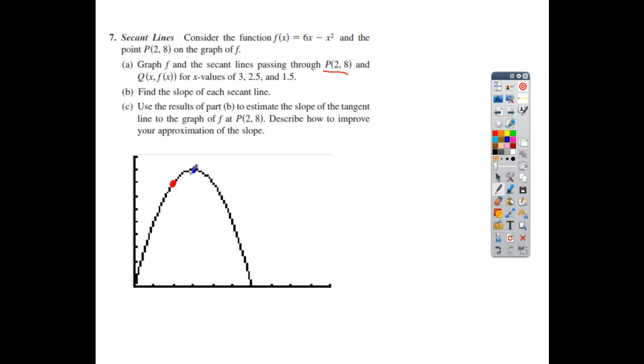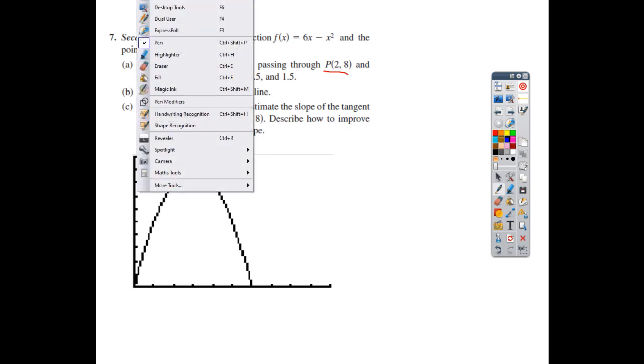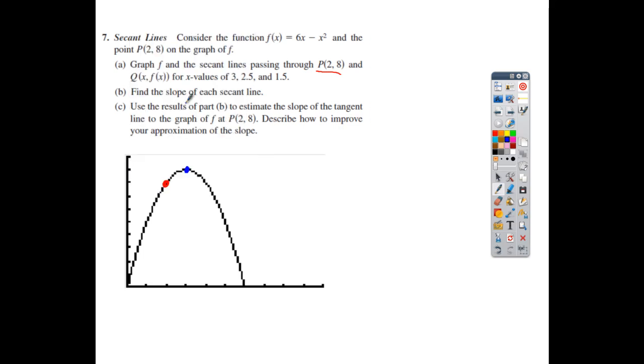So I've got this line as the secant line. With that line, I can then calculate the slope in part B. So let's go ahead and do that.